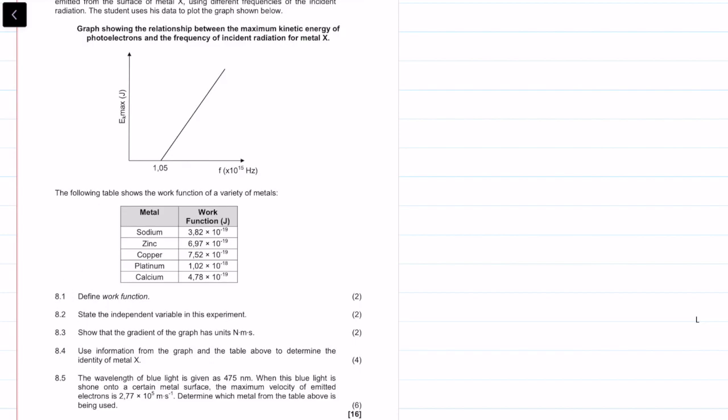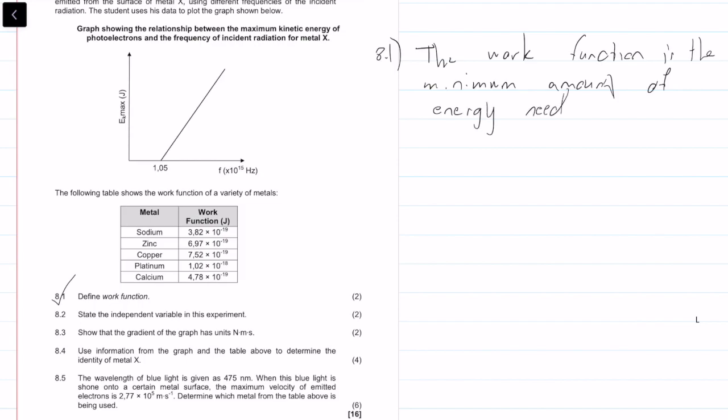It's asking for the definition of the work function. Do I give you the definition? Okay, fine, I'll write it out. 8.1: the work function is the minimum amount of energy needed to emit an electron from the surface of a metal.